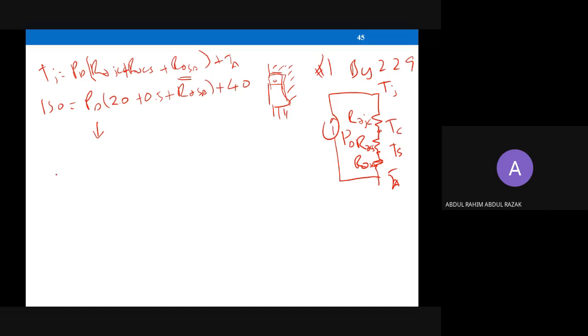For a BY, semi or uncontrolled device, you can directly plot from the graph. If you need 8 ampere, on page number 3, 8 ampere at duty cycle of 1, we assume worst case scenario.